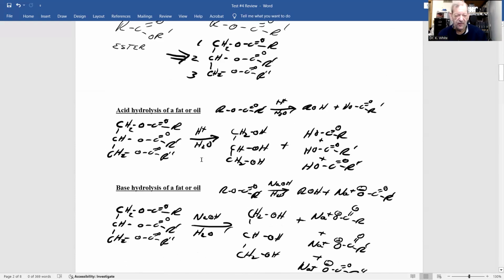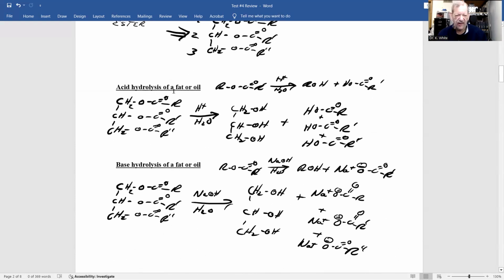Now, the first one you should know is acid hydrolysis of a fat or oil. And remember, for test 3, you take an ester, acid, H+, and water, and you get an alcohol and the carboxylic acid you would have used to make that ester. Well, with this triglyceride, the first ester gives this alcohol plus this carboxylic acid.